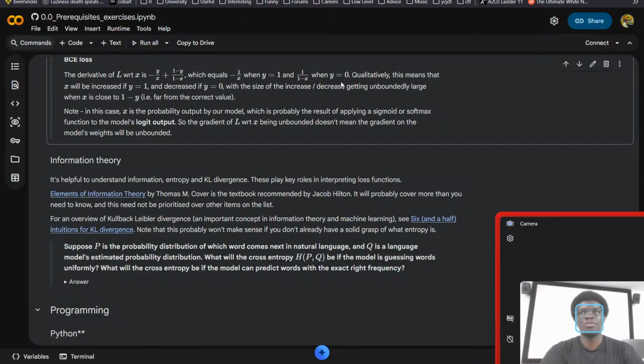Entropy is the expected information of a distribution, I guess, and then we have to define what the information is. The way I think about it is not information but surprisal.